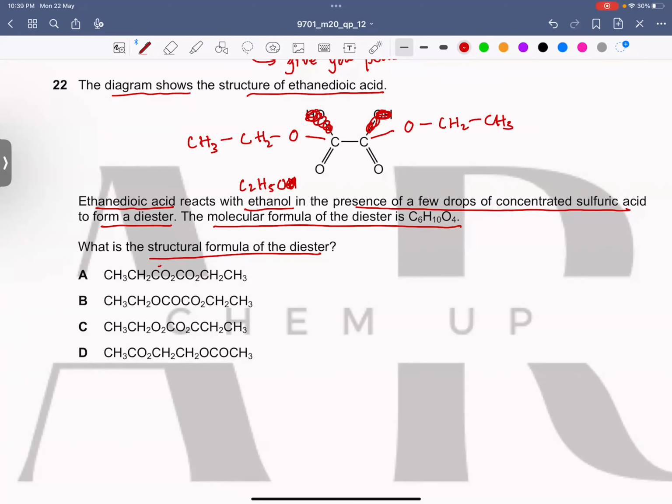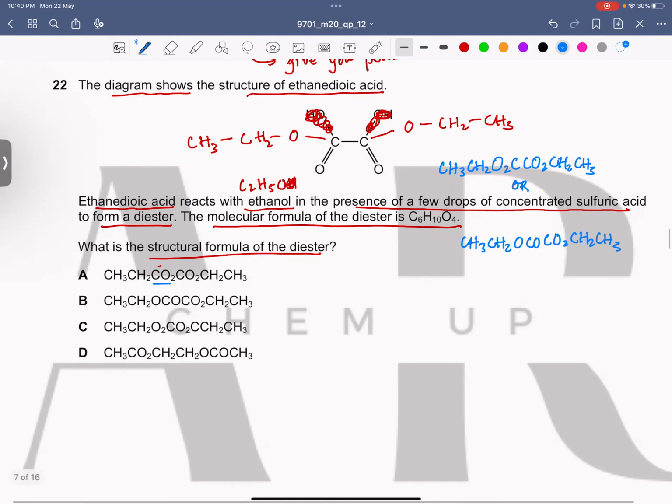So on the basis of this, if I write the structural formula over here, it would be CH3, CH2, then there is an O, then CO, or instead I can write CH3, CH2, O2C, CO2, CH2, CH3. Then the next carbon has two oxygens, CO2, then CH2, then CH3.